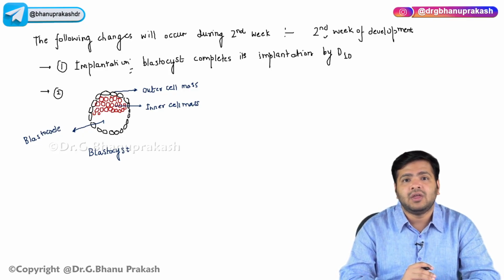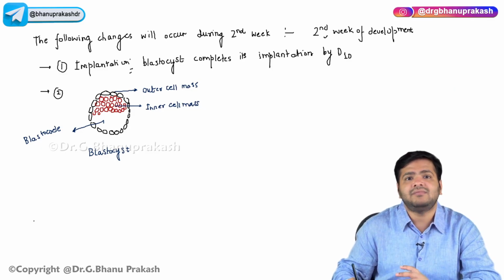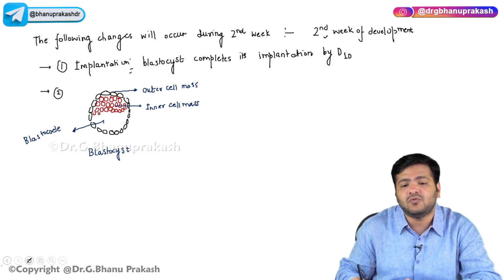Now what will happen? This outer cell mass in the second week will be called the trophoblast.